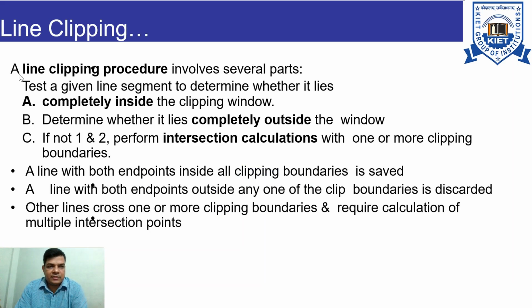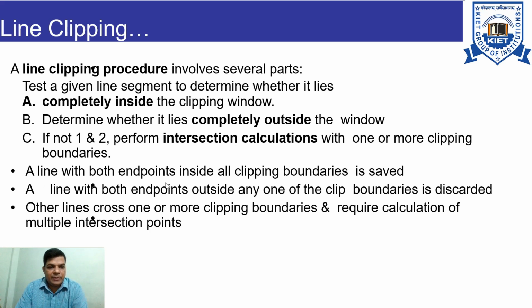So we can see that a line clipping procedure involves several parts. Test a given line segment to determine whether it lies completely inside the clipping window, whether it lies completely outside the clipping window, or whether the line intersects the clipping window. That means the line is partially inside and partially outside the clipping window.